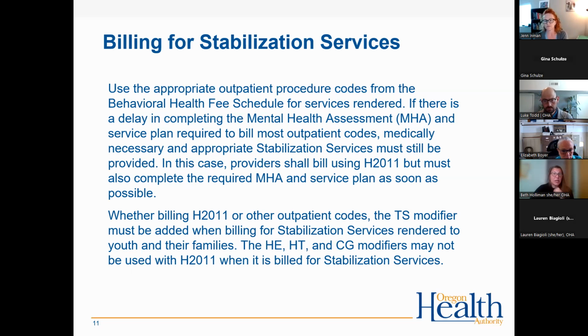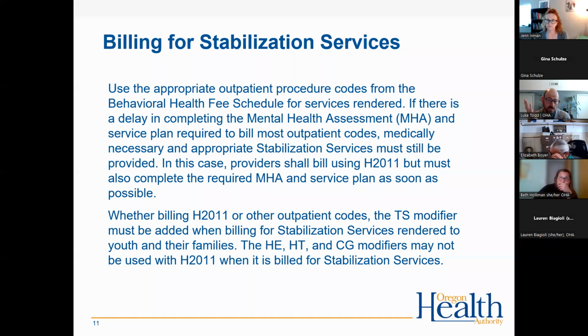Luke, you actually updated the SPA to include peers, right? According to the SPA that was approved, peers are considered an eligible provider to bill for stabilization services. If that's an issue of just the way peer billing generally works, I think we're assuming that the billing provider in these cases is going to be the CMHP, as opposed to the individual provider rendering the service.